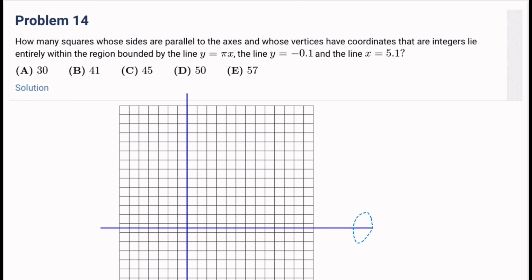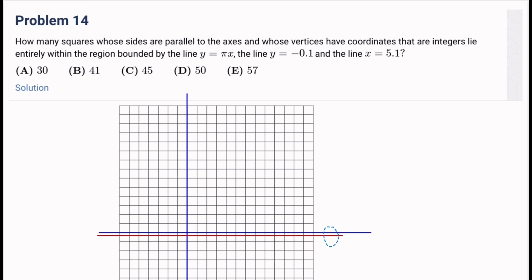And we need our lines negative 0.1 and 5.1. So first of all, y equals negative 0.1. That will be very slightly lower than the x-axis, right? And so that will be about right here.